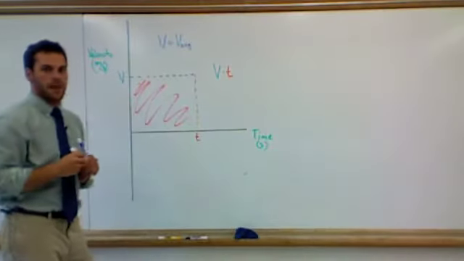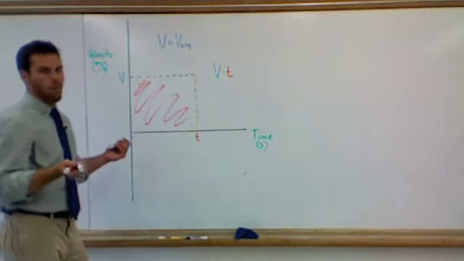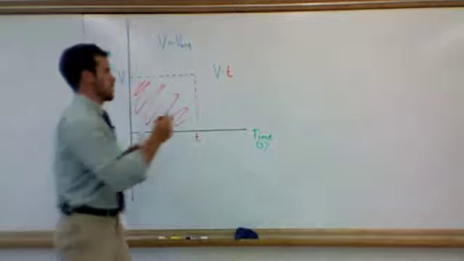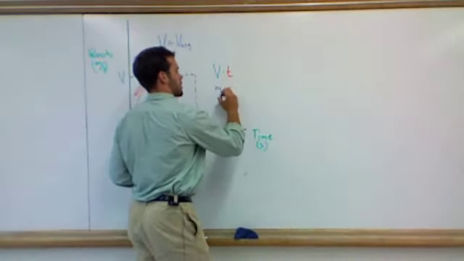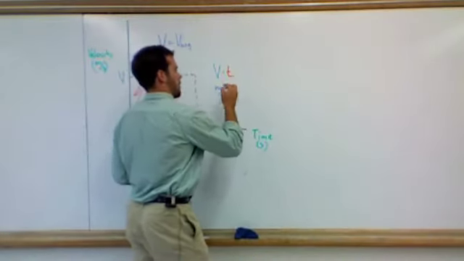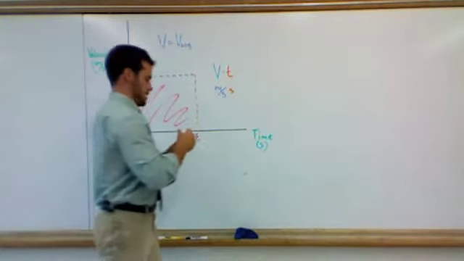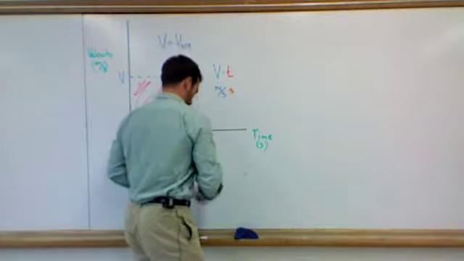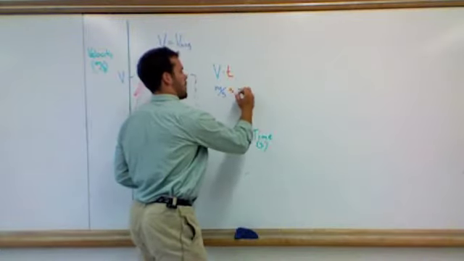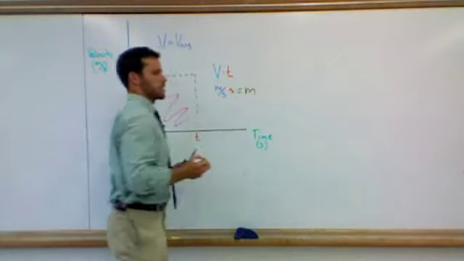Velocity multiplied by time. What does that mean? Let's look at the units. We have meters per second multiplied by seconds. This is going to give us our answer in just meters.